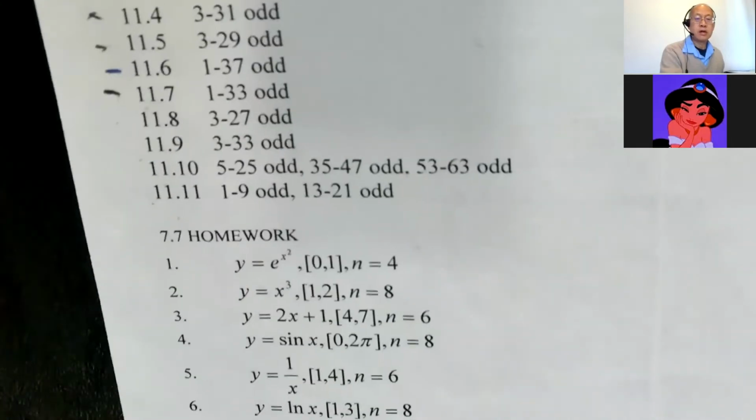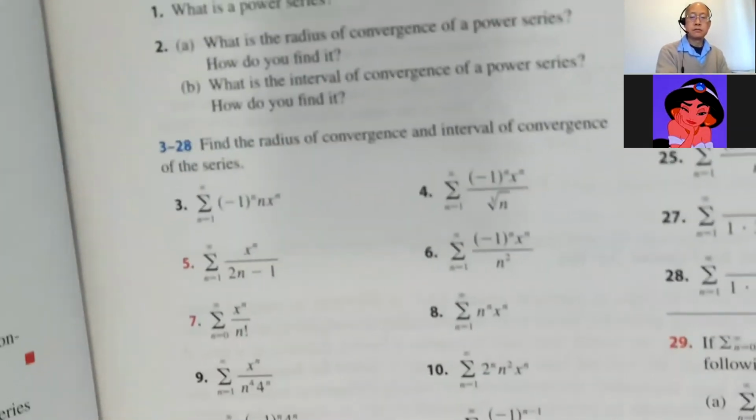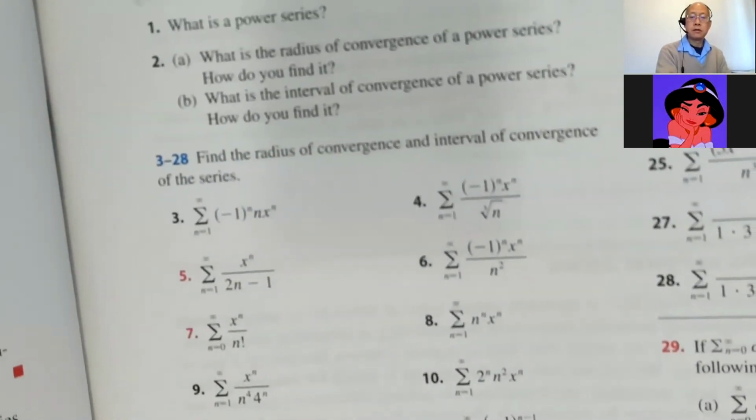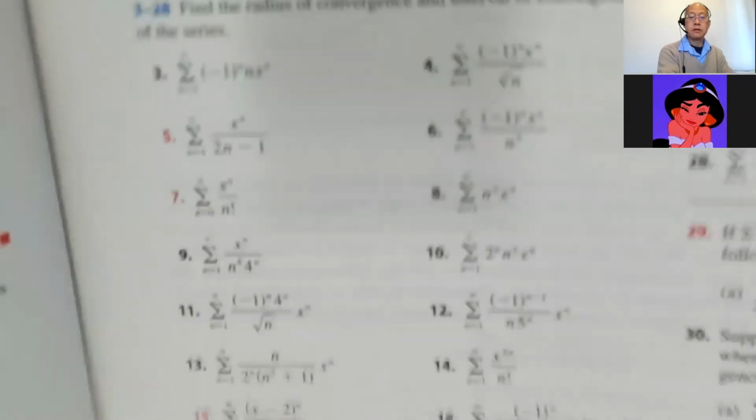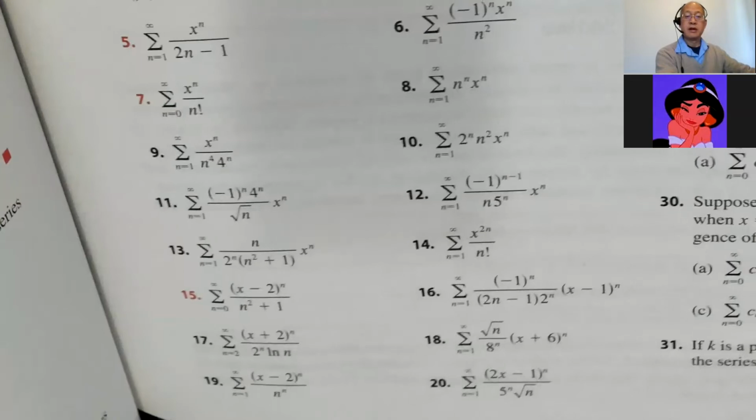All right, so let me show you the problems. Maybe show you just one, then I'll be done. So what are we supposed to do? 11.8, 3 through 27. So maybe I'll just show you how one of them goes. Page 751. Sorry, I have to raise the book up in order to show it.